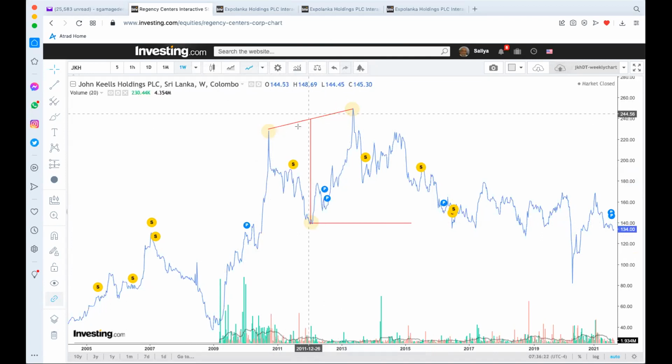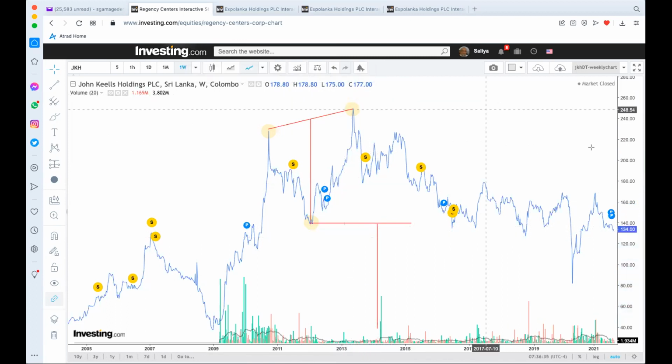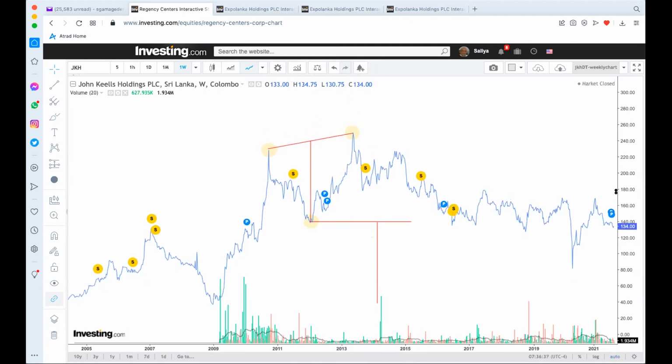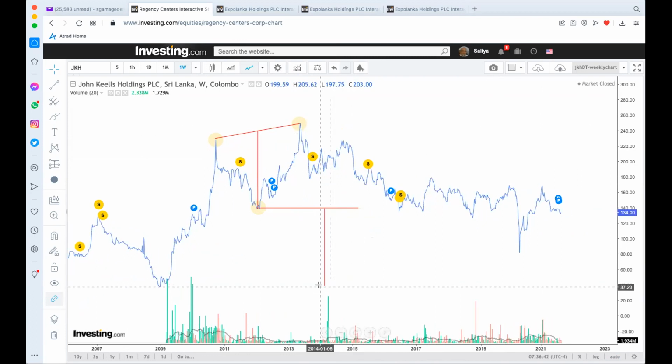Okay. So the target is going to be this distance. We're going to clone it and bring it down to the top of the horizontal line like that. Then we figure out where that could be.